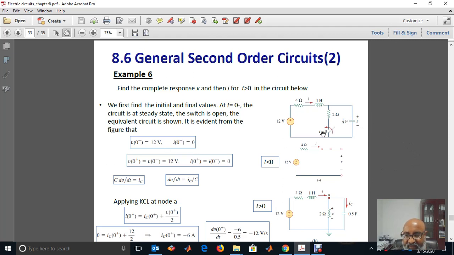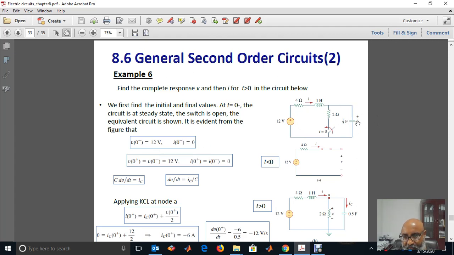So for t less than 0, the inductor is short and the capacitor is open. In that case, what is the voltage across the capacitor? Simply the 12 volt, because if the capacitor is open, the voltage at 0 minus will be 12 volt.